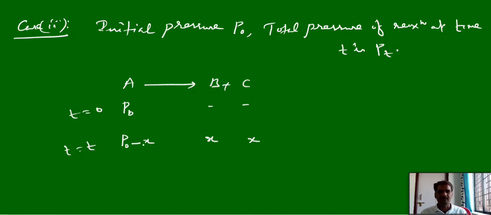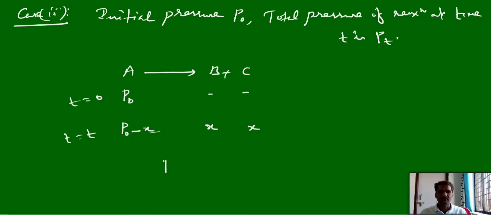Which means, at a time t, the total pressure of reactant and products, P naught minus X plus X plus X, gives Pt. So you can write here P naught minus X plus X plus X: the total reaction pressure, so pressure of A and pressure of B and pressure of C is Pt.